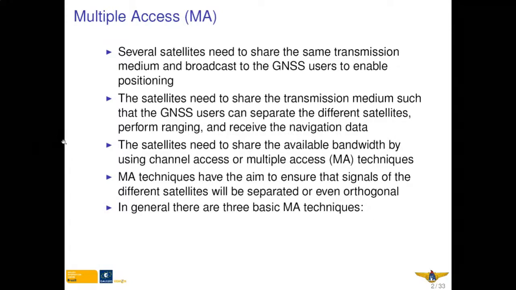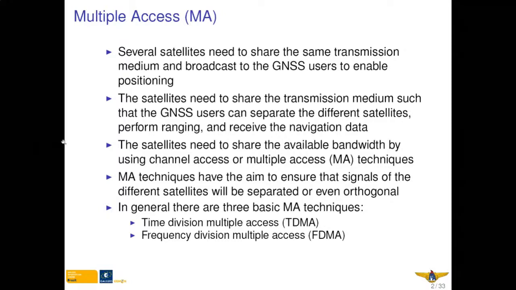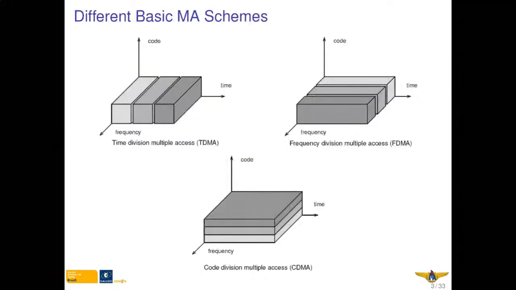In general, there are three basic MA techniques: time division multiple access, TDMA, frequency division multiple access, FDMA, or code division multiple access, CDMA. Here you can see three graphs that show the functionality of these three MA techniques.